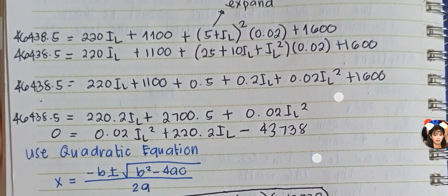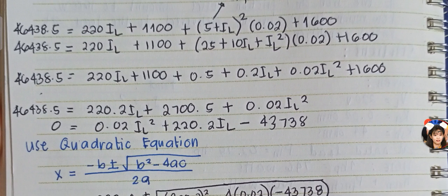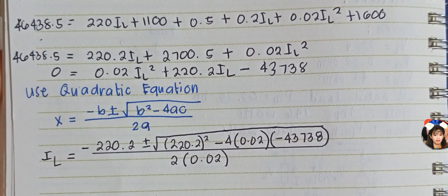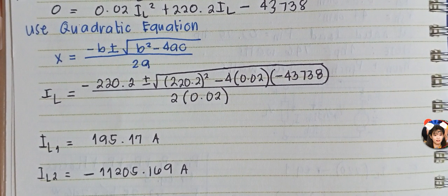As we simplify the equation, we conclude that 0 is equal to 0.02 IL squared plus 220.2 times IL minus 43,738. Using the quadratic equation, we can obtain a value of our IL, the unknown variable.